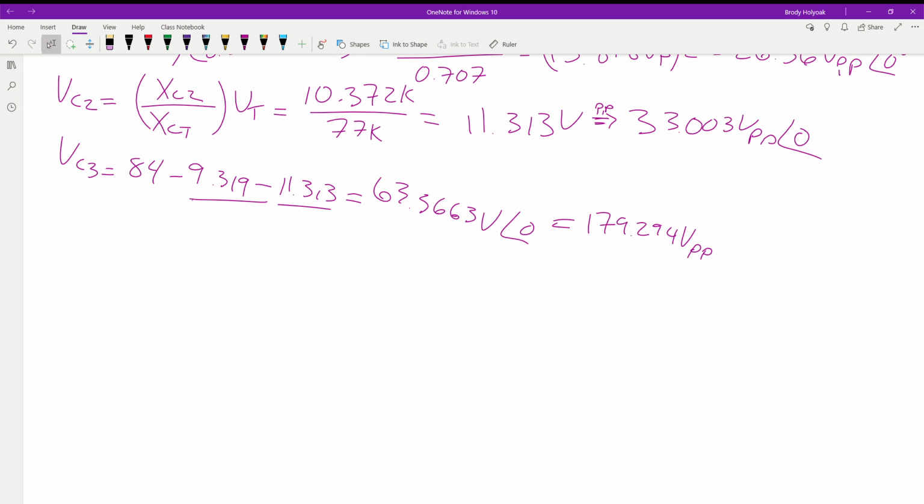Then to go into peak to peak, we take this value, our voltage in RMS, multiply it by 2, and divide it by 0.707. Because taking the RMS voltage and dividing by 0.707 gives you your voltage peak. Then we take the voltage peak and double it, and that gives us the peak to peak.